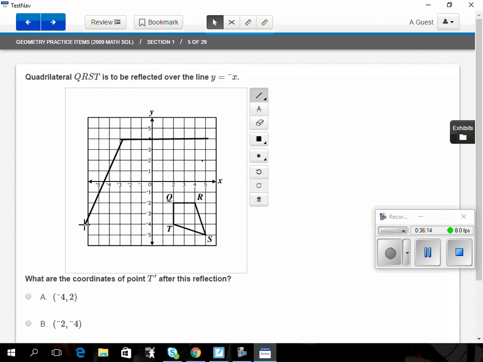So I'm going to bisect that angle. I'm going to come up here, and I'm going to make an arc. You see what I did? Just made an arc. And I'm going to go to my new point and make it a little bit bigger. Make an arc out here in the middle. Come over here to the other side.